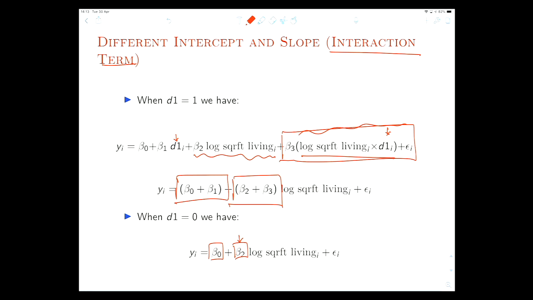So an interaction term, as I said before, leads us to have two lines now with both different intercepts and different slopes. Does everybody get that?